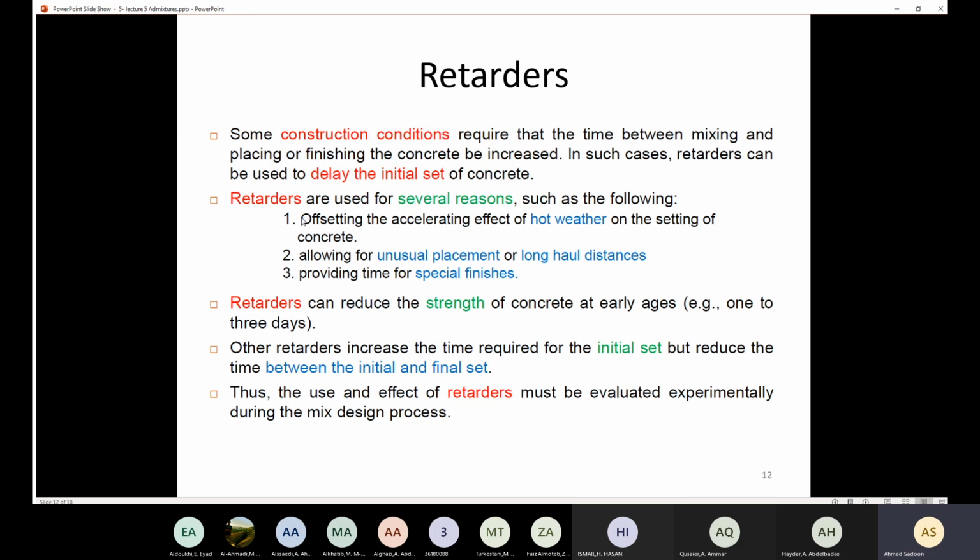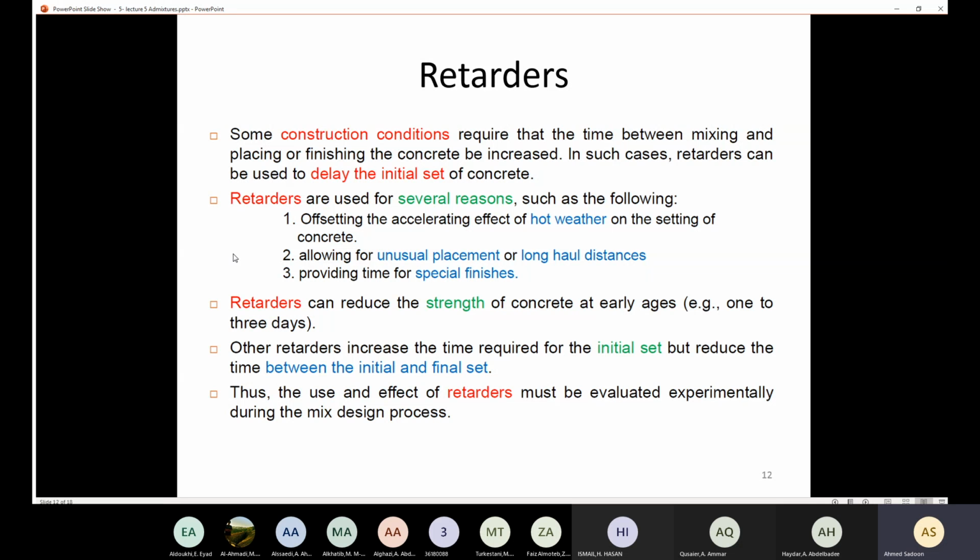For example, the first reason is offsetting the accelerating effect of hot weather on the setting of the concrete. In hot weather conditions, the initial set is going to be shorter than in normal conditions. So in these cases, it may be better to use retarders.